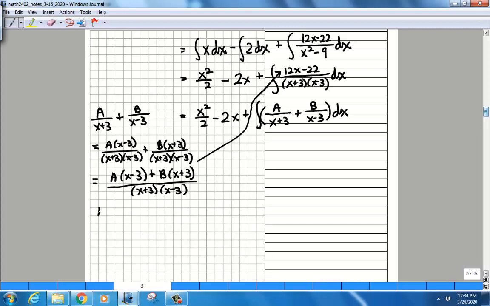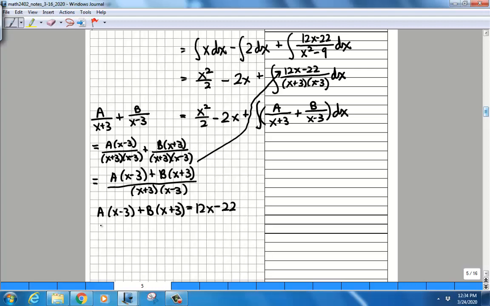So we know that a times x minus 3 plus b times x plus 3 has to be 12x minus 22. And now again, we're going to play this game of substituting strategic values for x so that we can solve for a and b.